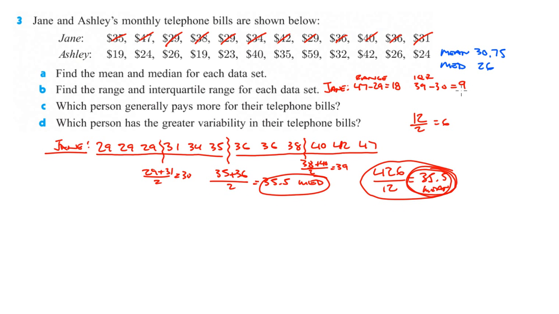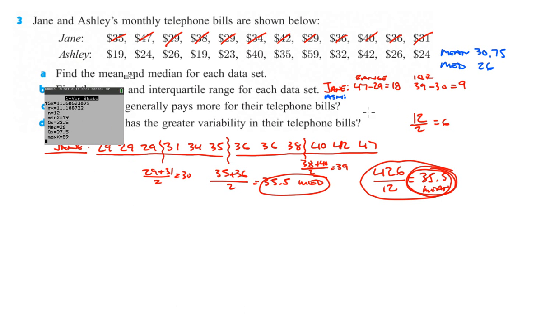Okay, so that's Jane's. Now for Ashley, who we've got on the calculator, it will give us the quartiles. So 23.5 to 37.5. So this is Ashley. Our regular old range, we can find that out too by taking the maximum minus the minimum.